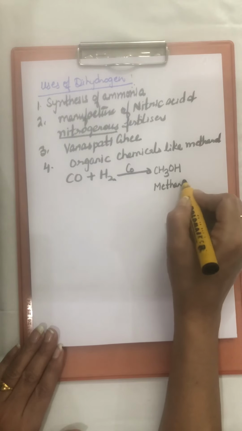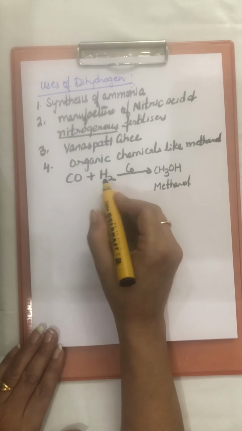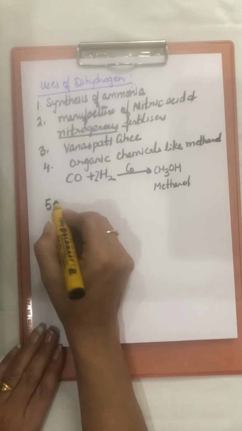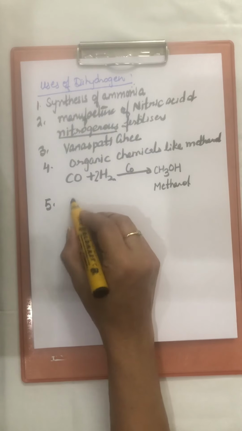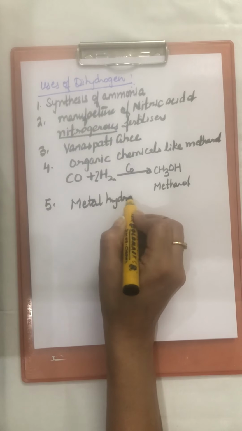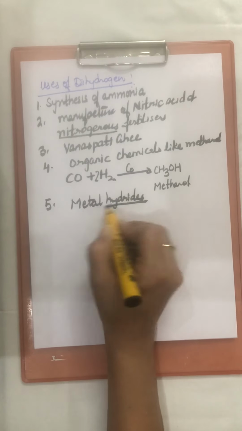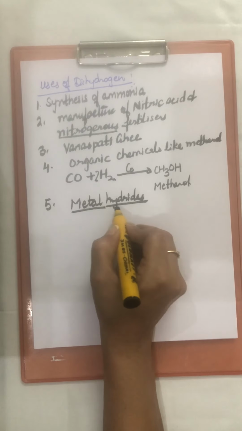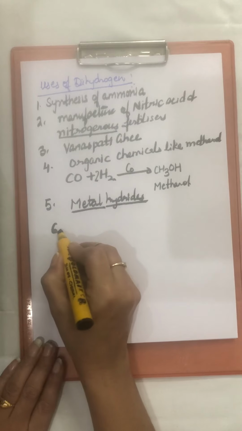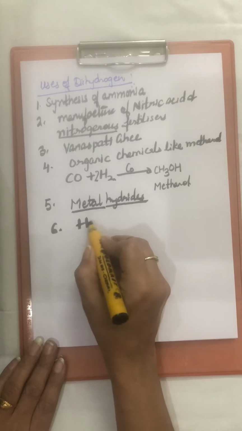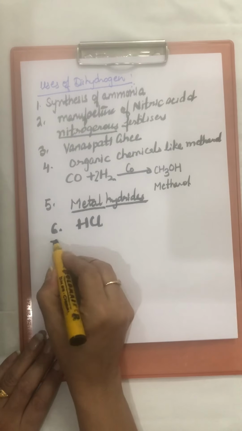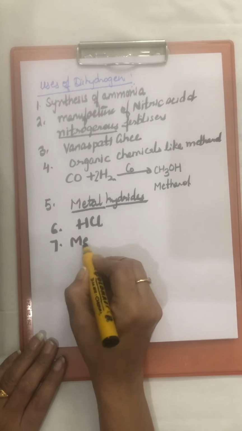Methanol is formed by reaction of hydrogen with carbon monoxide. Another use of hydrogen is in manufacture of metal hydrides. When hydrogen reacts with the metals, the compound formed is called metal hydride. In preparation of HCl, hydrogen is used.